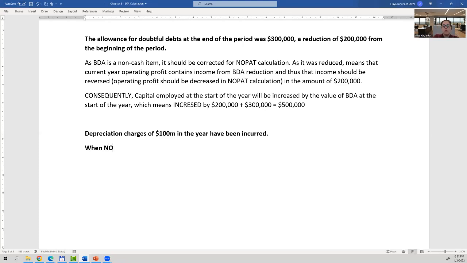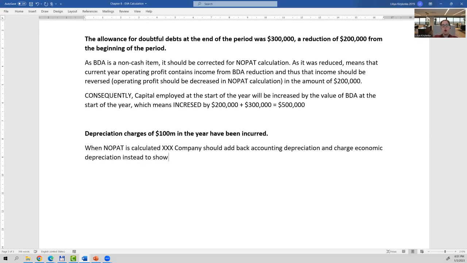Okay, so when no part is calculated, the company, and we need to write the name of the company, so ACCA company, should add back accounting depreciation and charge economic depreciation instead to show the real usage of non-current assets.